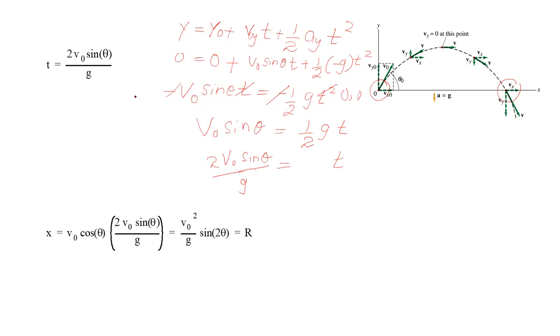So that's how you get 2 v naught sine theta over g. Not hard, you just manipulate or arrange the equation.